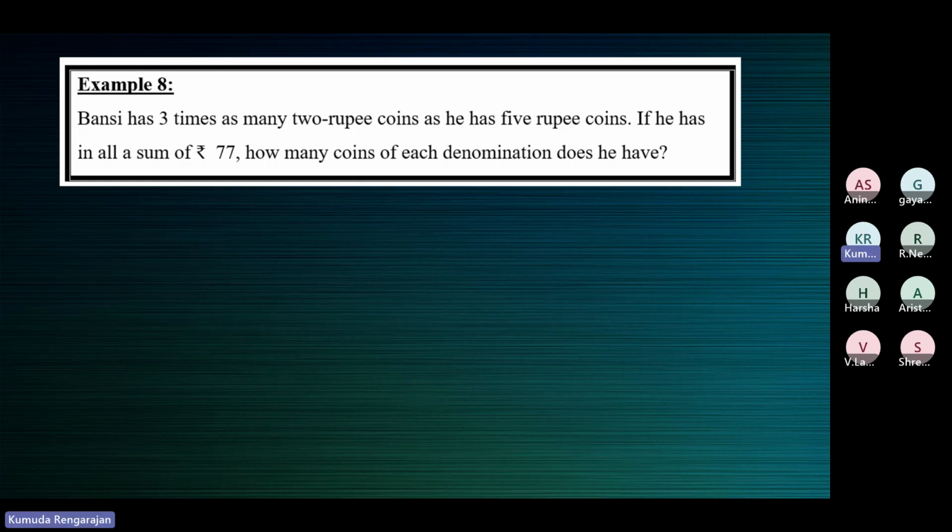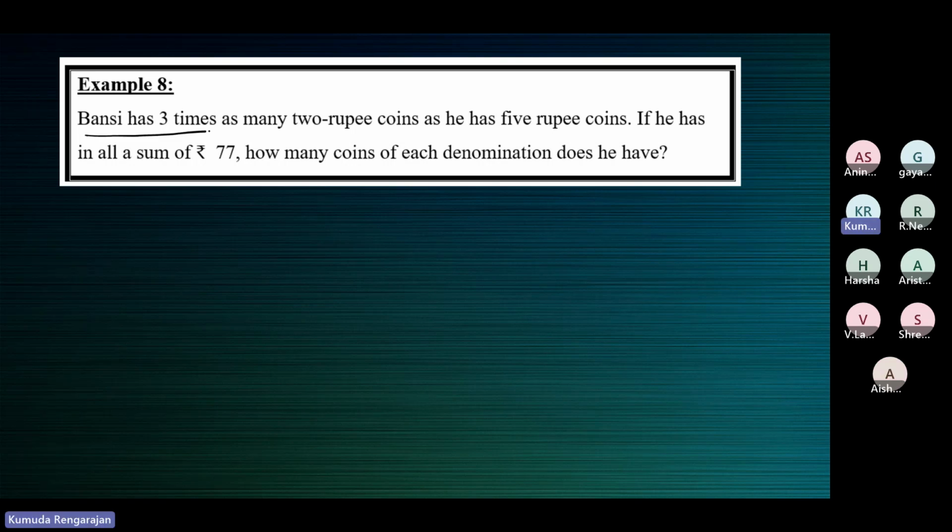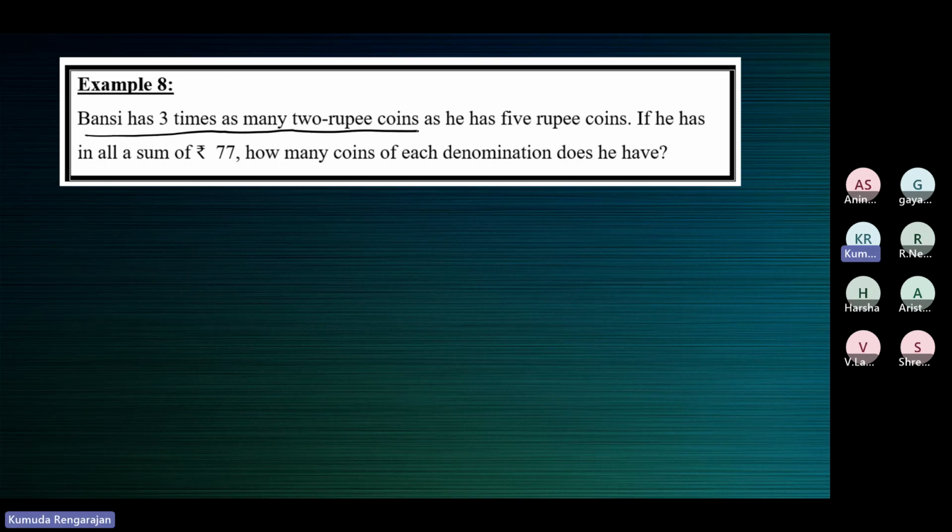The textbooks are the same, at least as far as I know, for the last 20 years. So the English is also old age English kind of. So try to understand what's given there. Bansi has 3 times as many 2 rupee coins as he has 5 rupee coins.